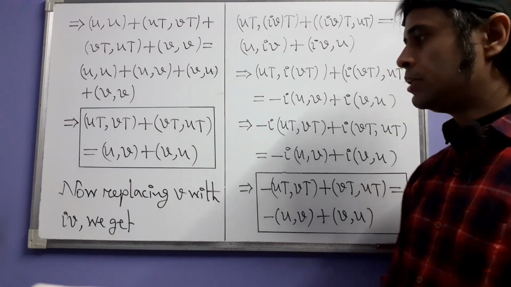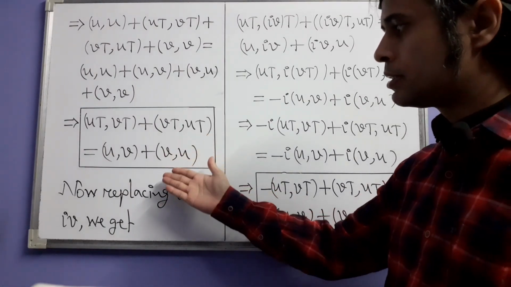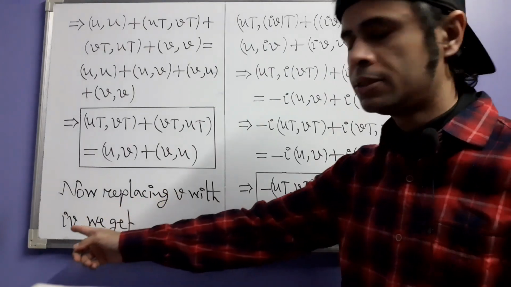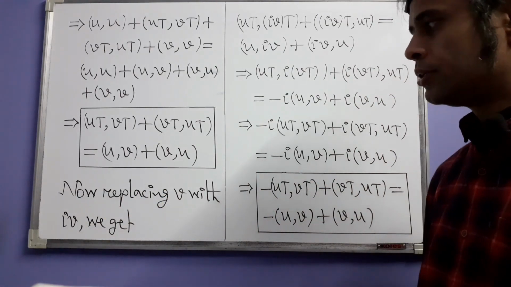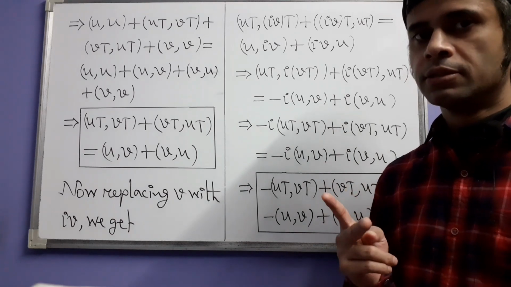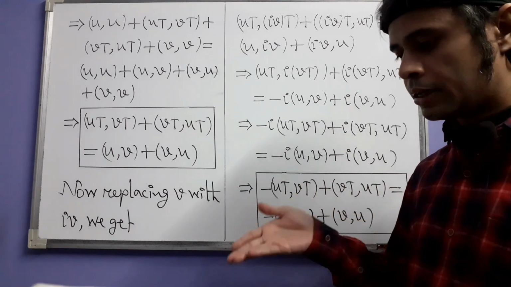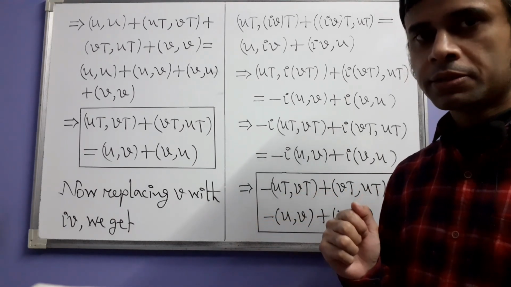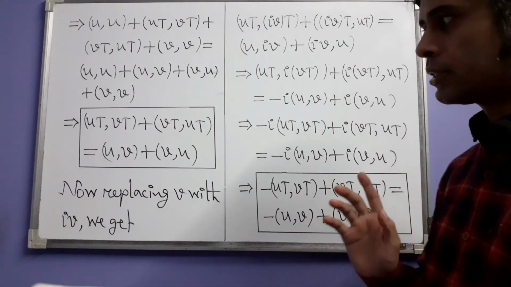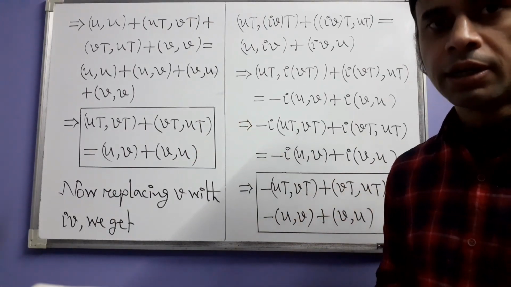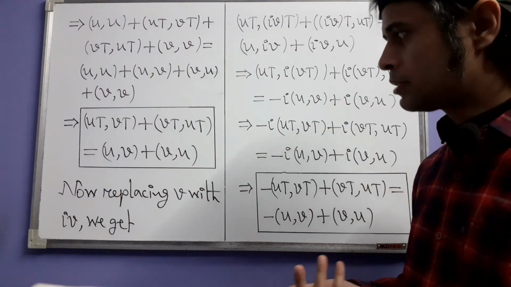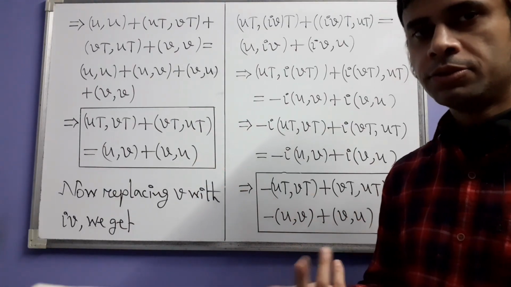So next part we do, we replace in this equation v with iv, where i is your imaginary unit. You can do that for two reasons. First is that your underlying field is the field of complex numbers, so i is available, and the second thing is that this equation is true for any u and v. So that's why in place of v you can use iv.